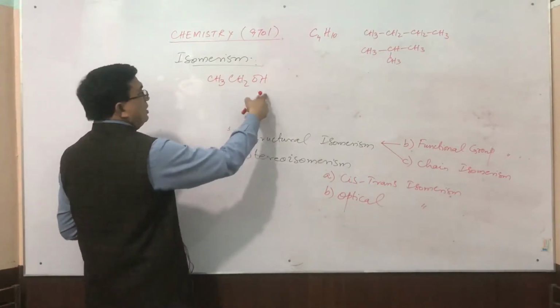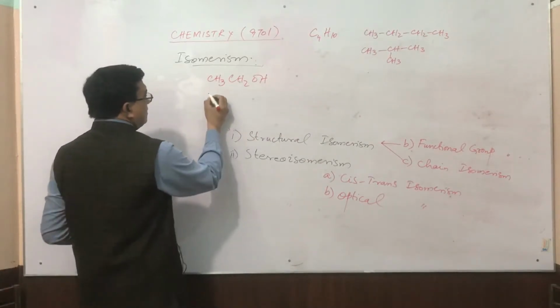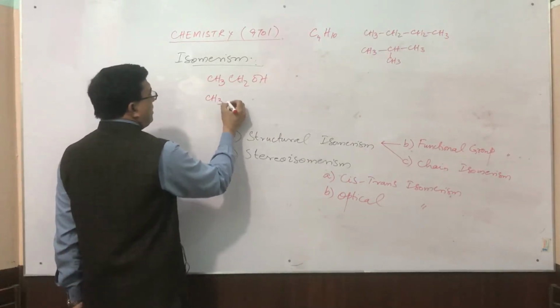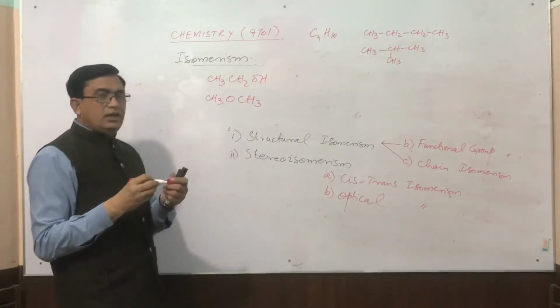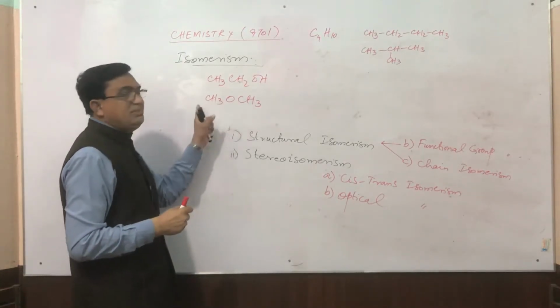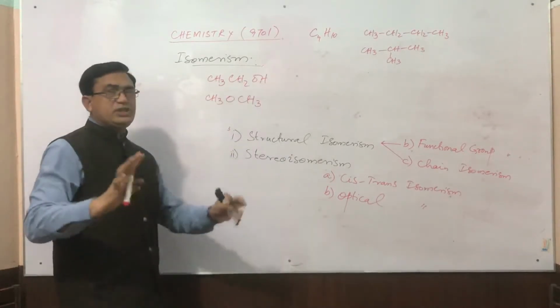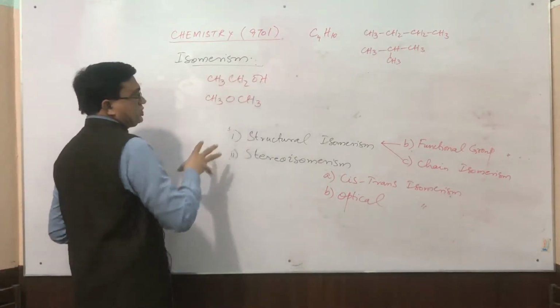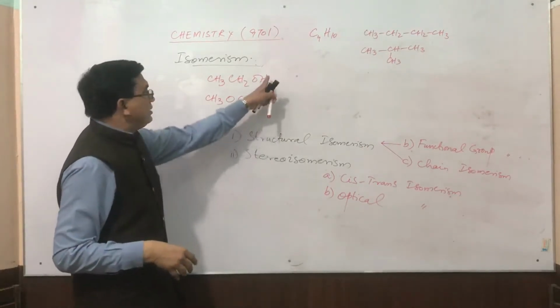This is ethanol. But if we rearrange the atoms, it will become CH3OCH3. This is called dimethyl ether or methoxymethane. Both of these have the same molecular formula but different structural formula. That's why both of these are called isomers of one another.